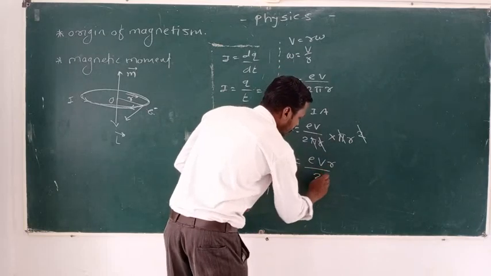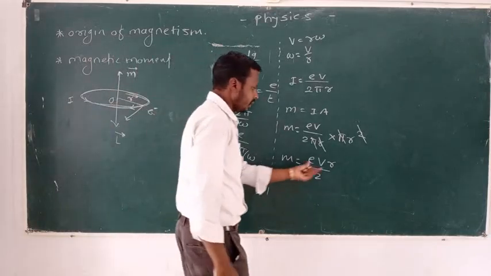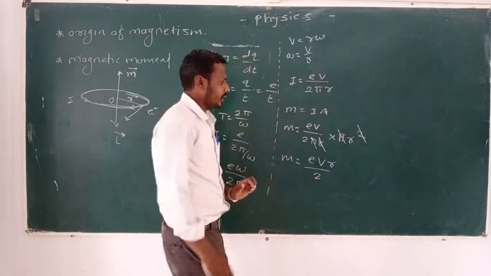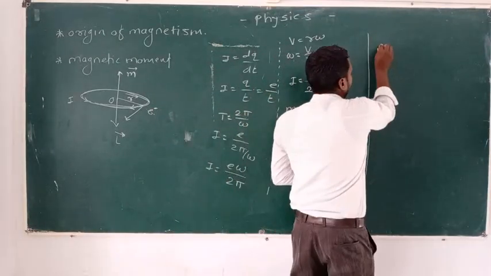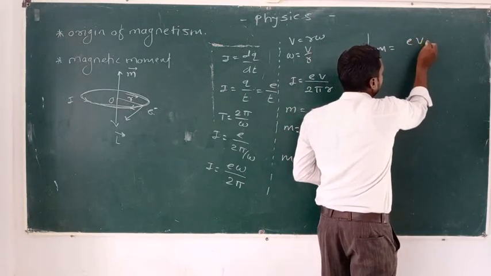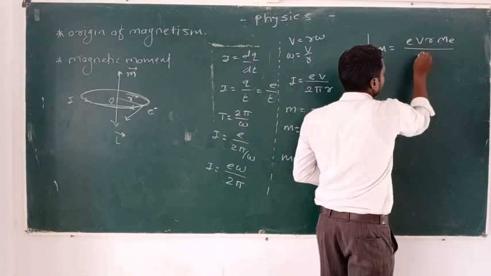Now next, multiplying and dividing numerator and denominator by the mass of the electron, that is me, we can write M is equal to evr me divided by 2.